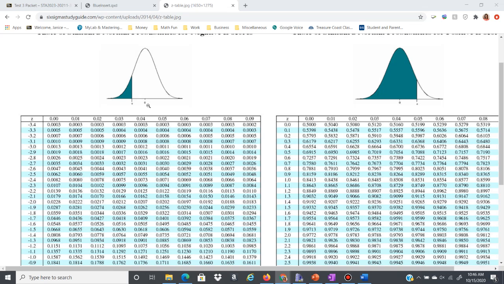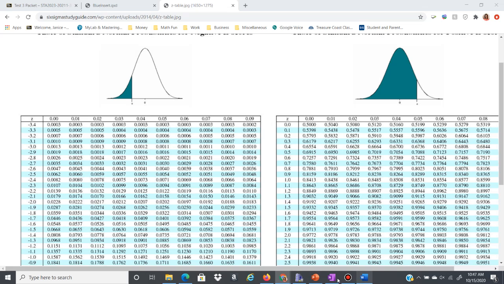This side is negative values, because anything to the left of 0 will be -1, -2, -3. The right side gives you positive z-scores, because to the right of 0 are positive numbers. It makes sense that these have larger areas because they cover more of the curve, because the z-score will always give you the area to the left.